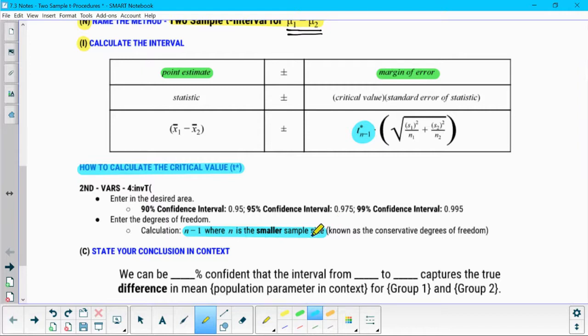Now, we'll talk about this a little bit more when we run this test in your calculator, but for the sake of now, n minus 1, pick the smaller sample size to plug in for n. And then we're going to do the standard error of the statistic. One thing to make sure you're noticing is I'm taking my standard deviation from the sample for group 1, squaring it, dividing it by the sample size, adding it to the same thing for group 2.